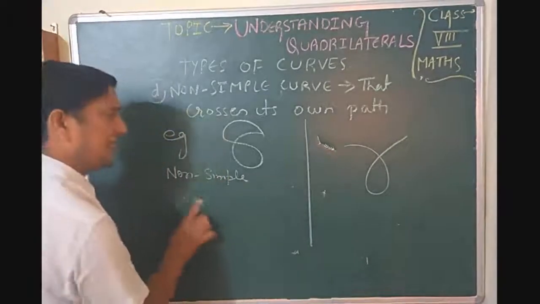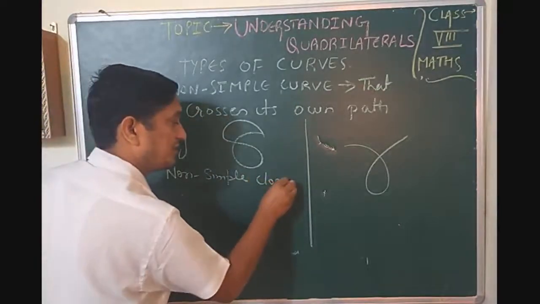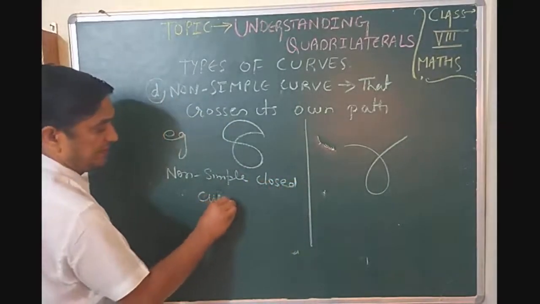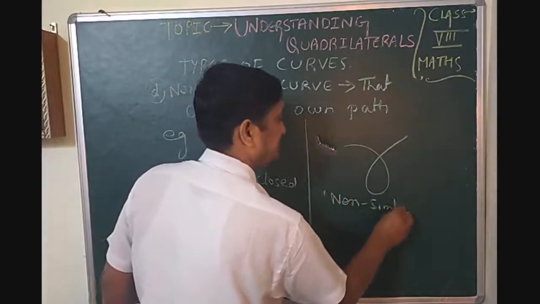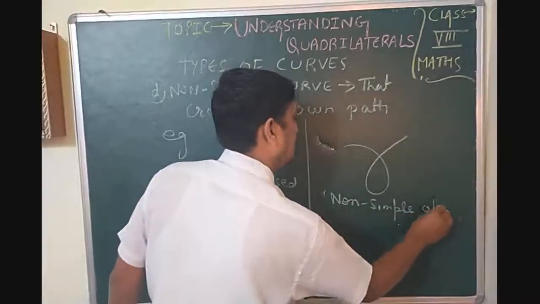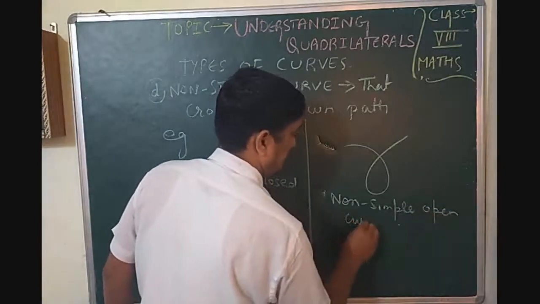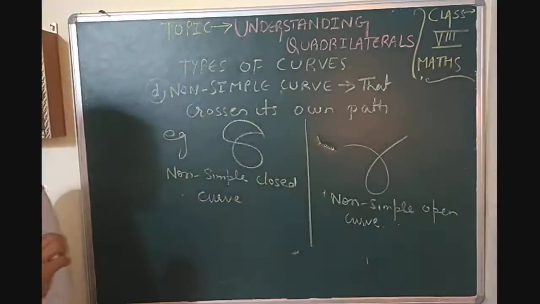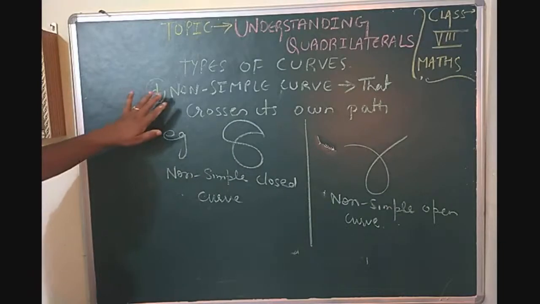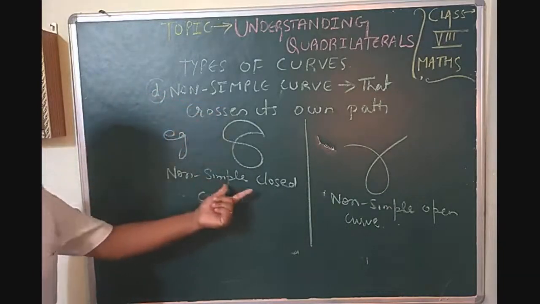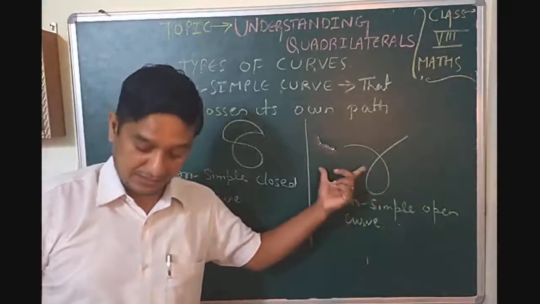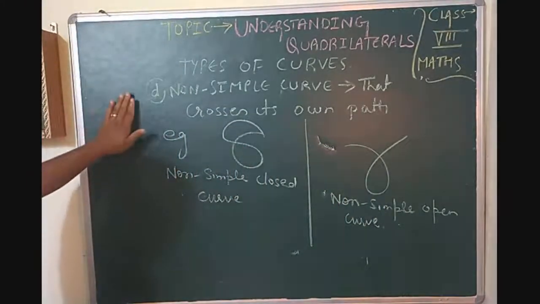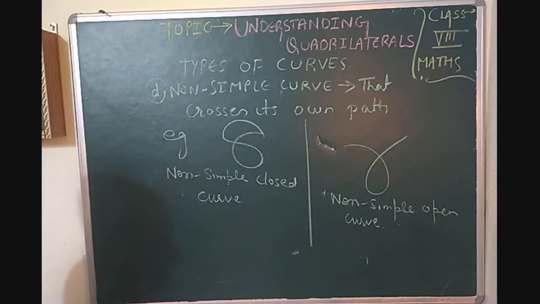You may write down directly non-simple closed curve and non-simple open curve. So children, you have to remember, non-simple curve may be closed like this and may be open like this. Children, please copy this. After that, we will learn what are polygons.